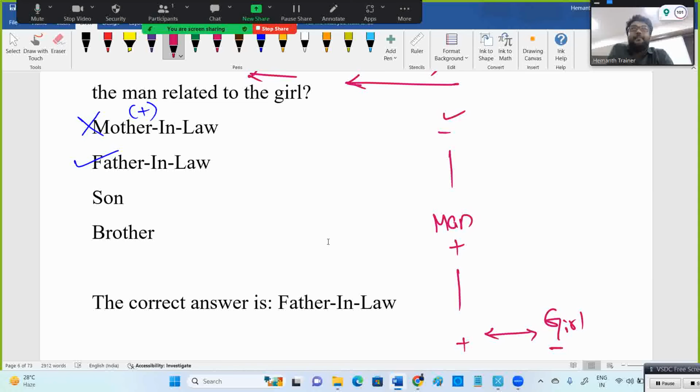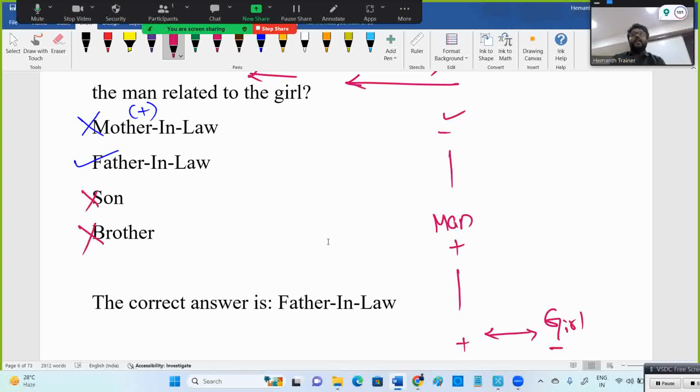Man said that my mother, man's mother's grandson's wife is the girl. So man is one generation above the girl. One generation above, son is below generation, brother is same generation. For the girl, husband's father, or spouse's father, is father-in-law.